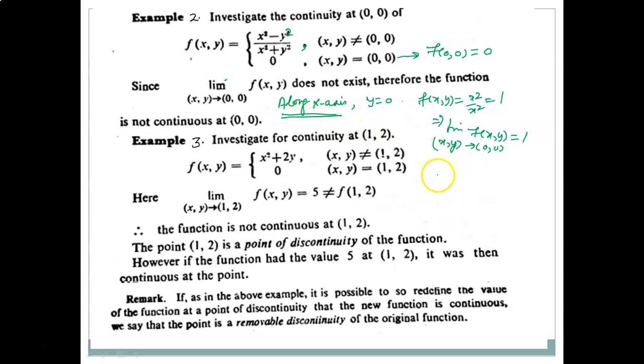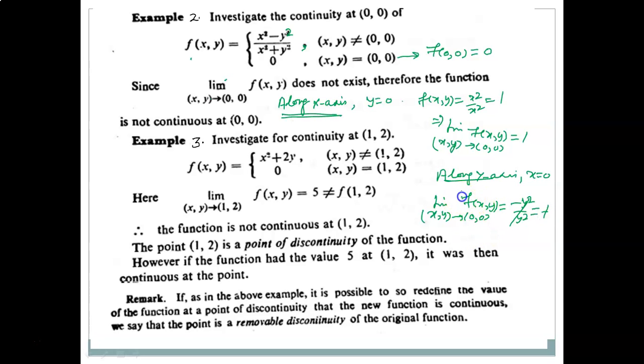x-axis. Similarly, when you approach it along the y-axis, in that situation you will take x equal to 0. When you take x equal to 0 in this expression, you will get minus y² divided by y². So in that situation, what do you get? The limit as (x,y) tends to (0,0) of f(x,y), in fact, becomes minus y² over y², cancelled out, and it is minus 1.